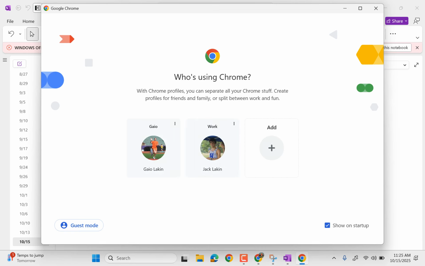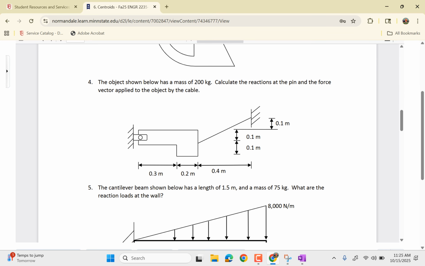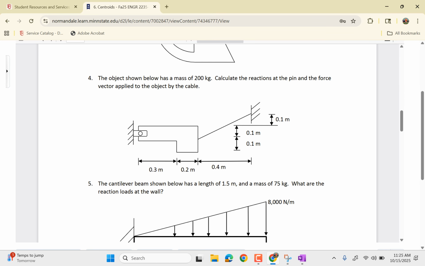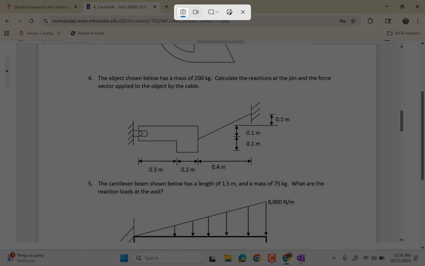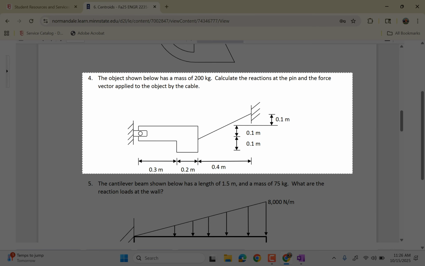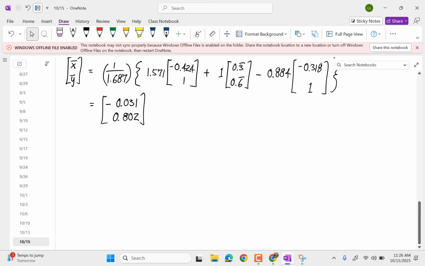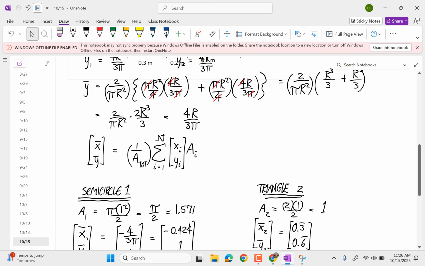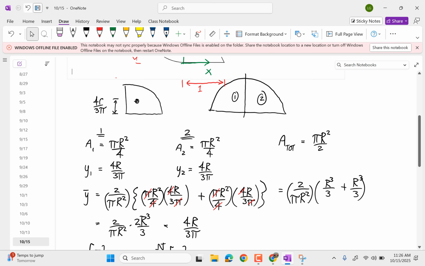Okay, and then the next one. Number 4. Oh, just went to the wrong place.